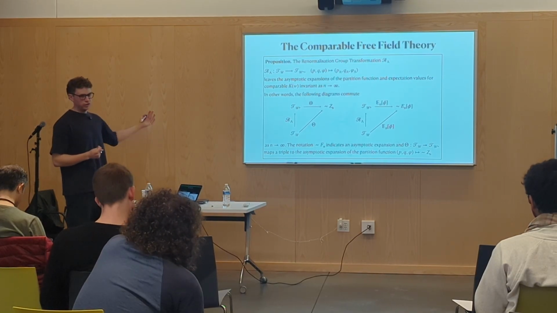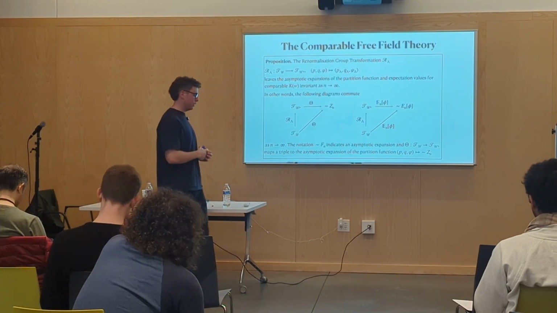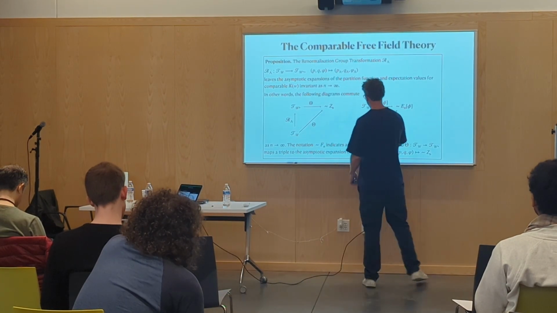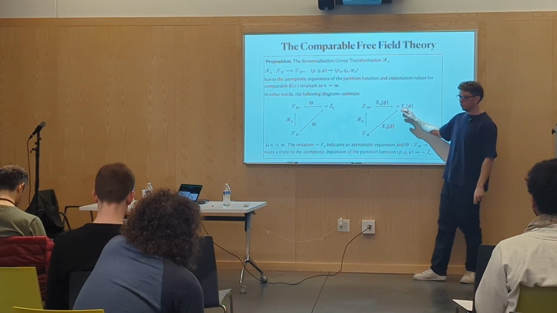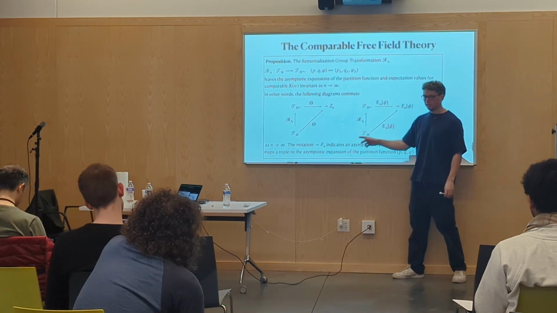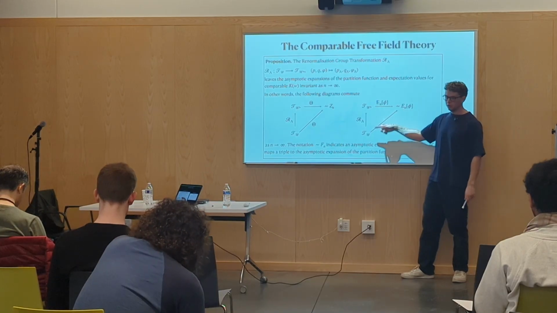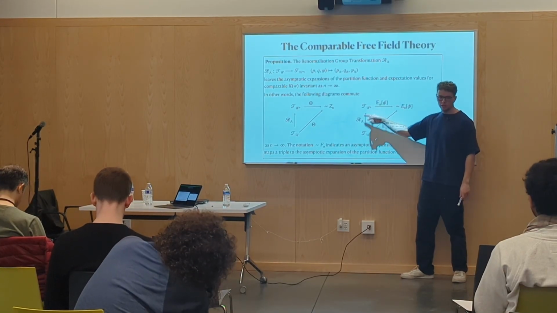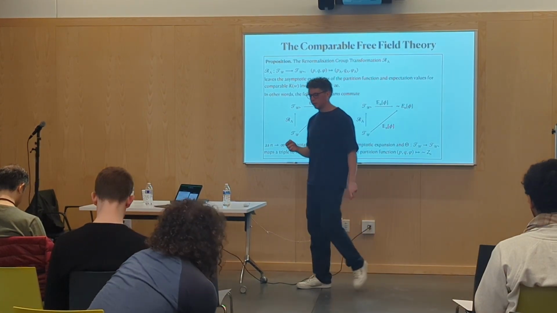In other words, these diagrams commute, meaning if you were to start with your model truth prior and just straight up compute the expansion of the expectation values or the partition function, that's the same thing as if you first renormalized and then computed the expansion. And so you can renormalize to your heart's content and keep computing expansions, of course, until you run out of parameters, because the parameter space is a compact set.